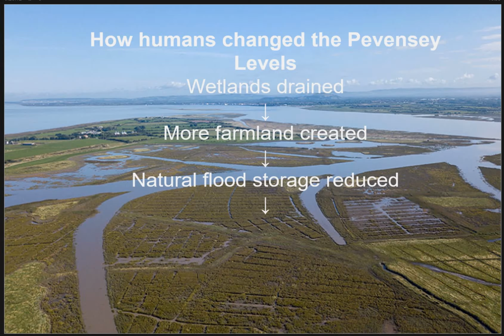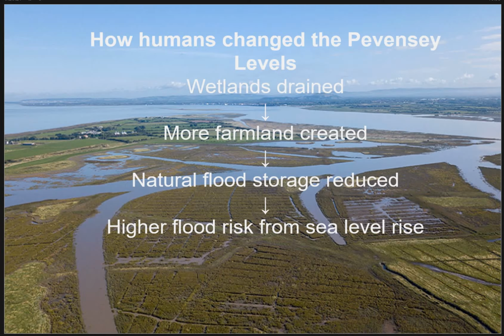So when these wetlands are drained, the land loses some of its natural flood storage capacity. This means today that the area is more vulnerable to flooding, especially as sea levels rise due to climate change. Rising sea levels really increase the risk of seawater flooding low-lying coastal areas like the Pevensey Levels.